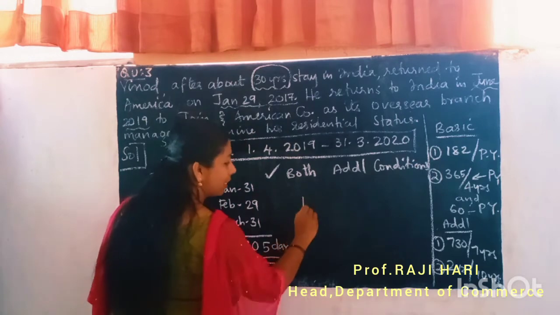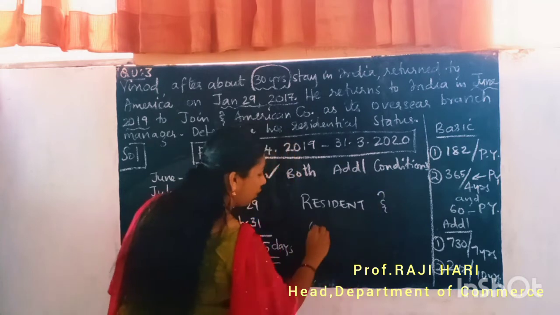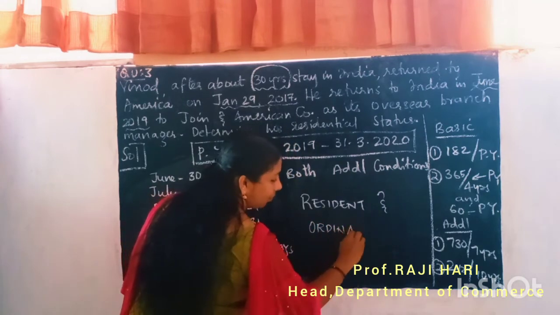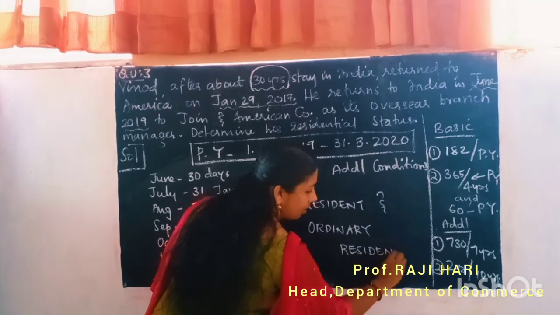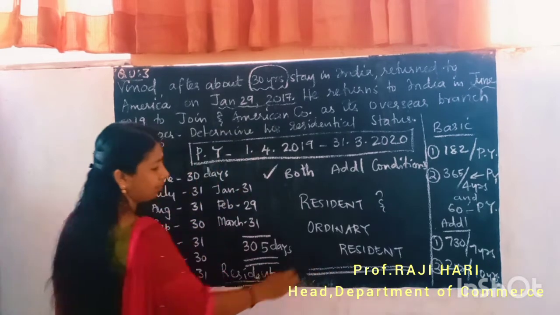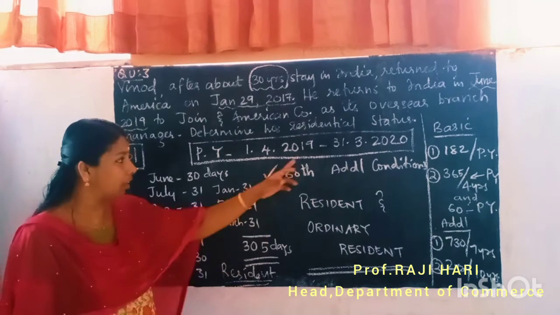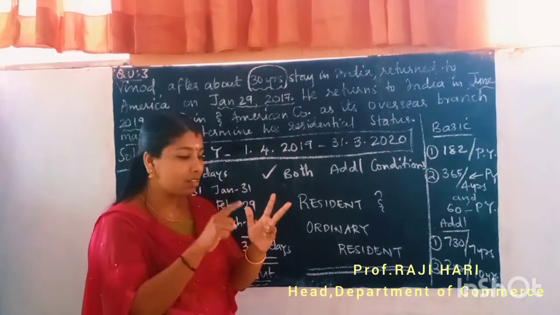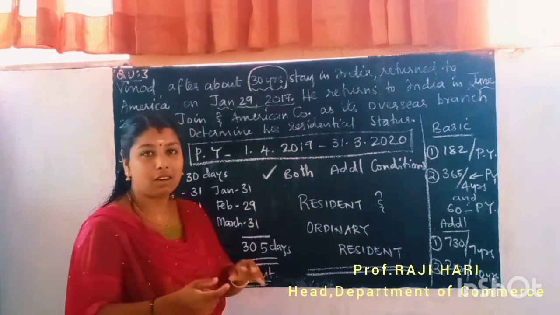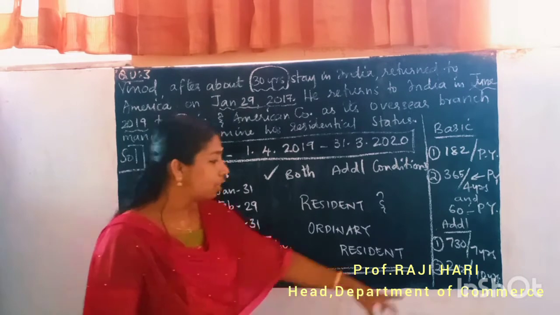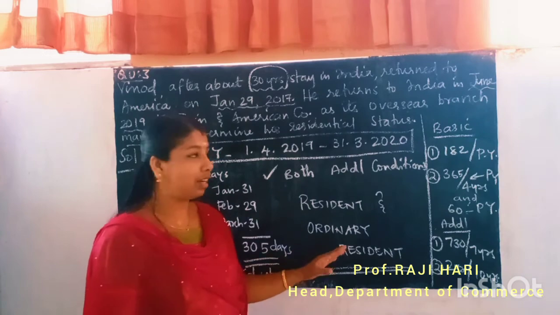So his residential status is resident and ordinary resident. The 7 years before 2019-20 means 2018, 2017, 2016 down to 2010. All these years he was completely in India. So he satisfies both of the additional conditions. He is resident and ordinary resident.